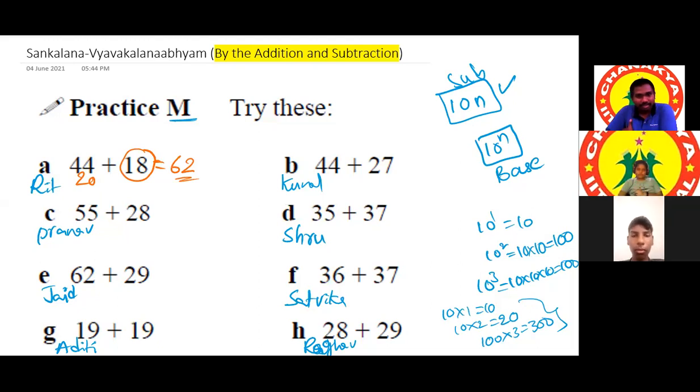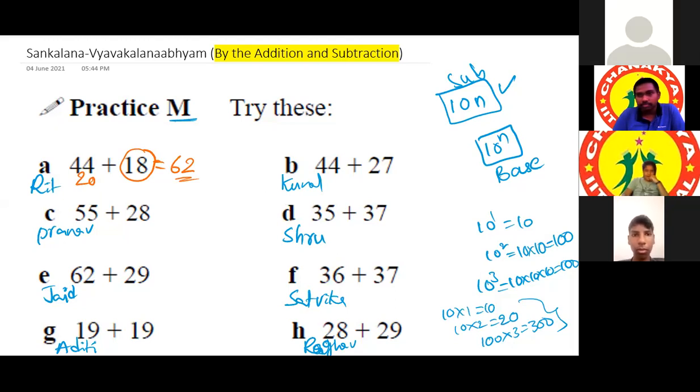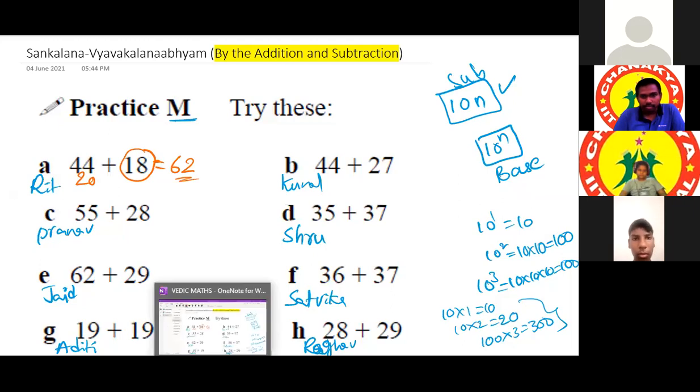Sai Kartikeya, I'll unmute you. Sir, in the chat box you sent one Google Classroom link to join the class. When I click that and join, it's showing wrong account.